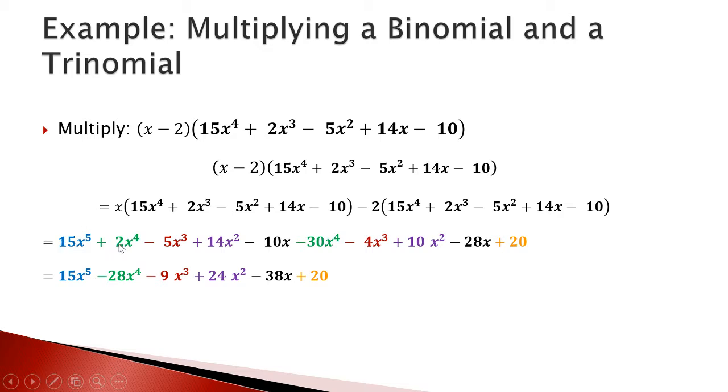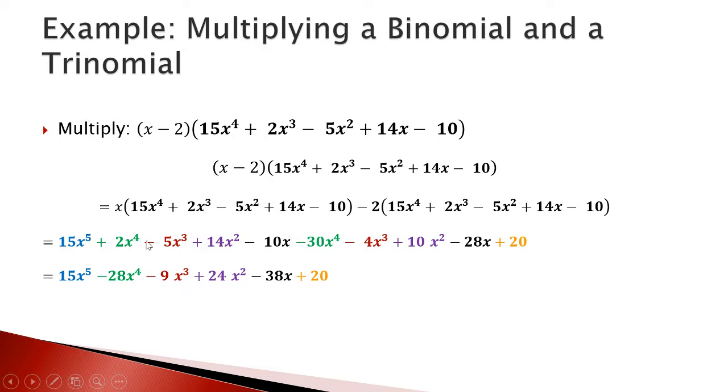So when we simplify 2 times x to the power 4 and negative 30 times x to the power 4, it will give negative 28x to the power 4. And when we simplify negative 5 times x cubed and negative 4 times x cubed, it will give negative 9x cubed.